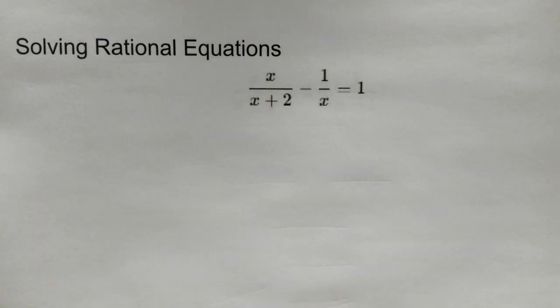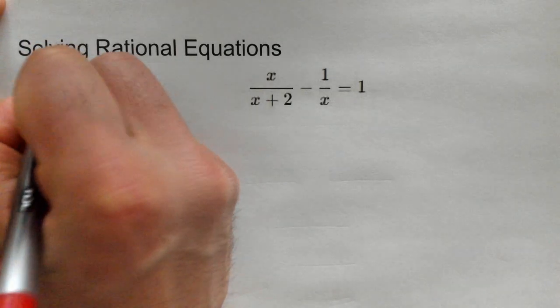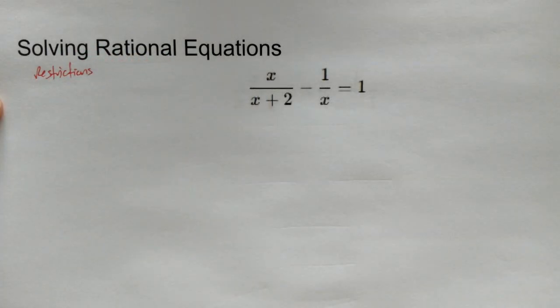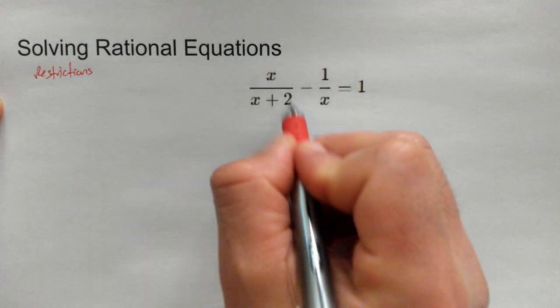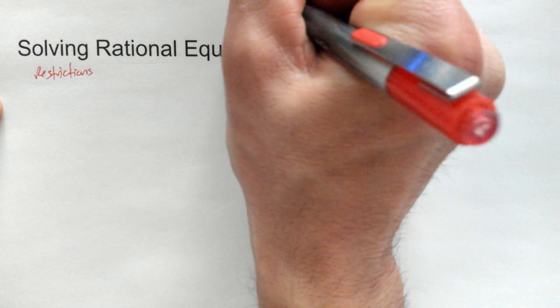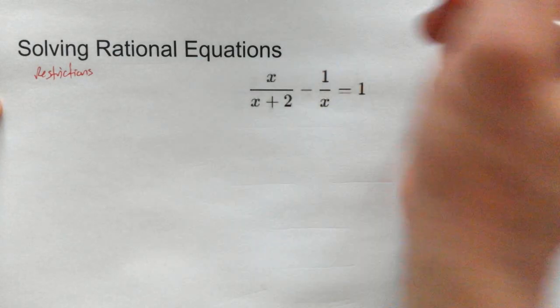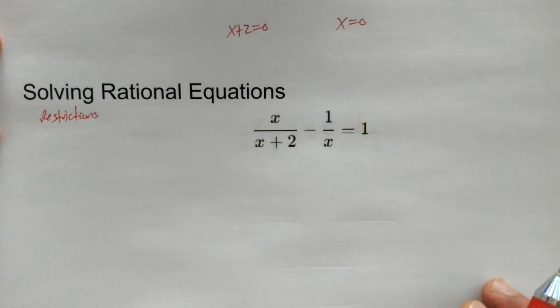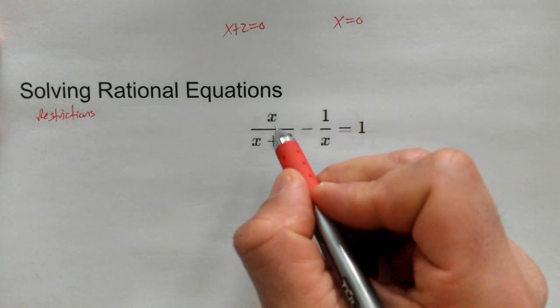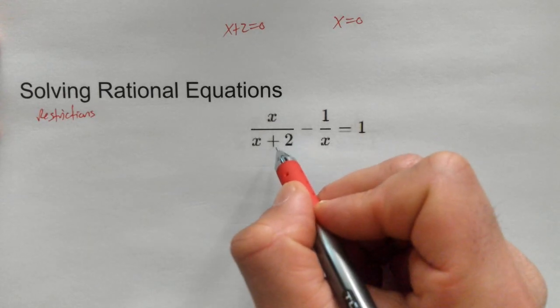So before we begin, I must first identify my restrictions. Right? What x values will not be allowed as part of my solution? Well, when is this and this going to equal 0? The first one, I say x plus 2 equals 0, and the other one, x equals 0. I'm going to set my restrictions first. And this always happens with the denominator. Because again, I can't divide by 0.